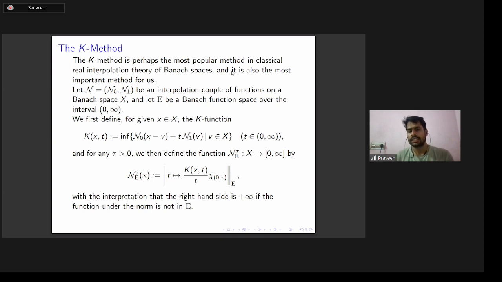It is basically an energy function on the Banach space X defined such that the value of that interpolation function at a member x of the Banach space X is just the E norm of this K function, with the interpretation that if that function does not lie in the Banach space E, then the value of this interpolation function at that point x is just infinite. And we define the interpolation set as just the effective domain of this interpolation function.